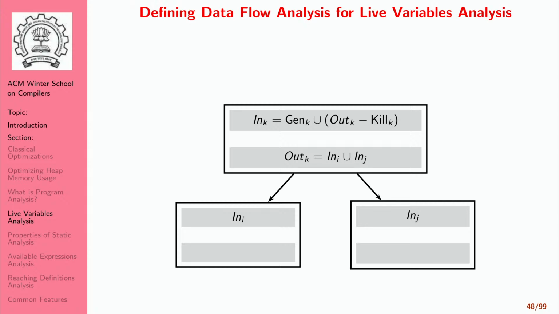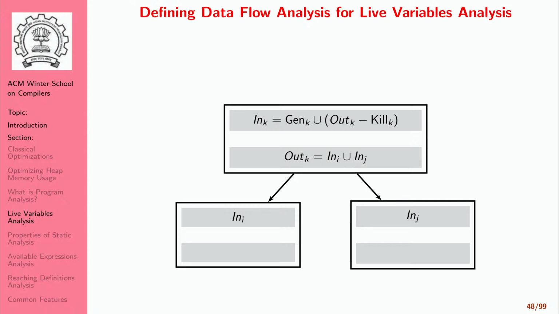I don't insist it must be used along any path or every path. So therefore I am saying that if something is live here, it should be marked as live here. Similarly, if something is live here, it should be marked as live here, and therefore we can compute out of K as a union of the sets in J and in K.